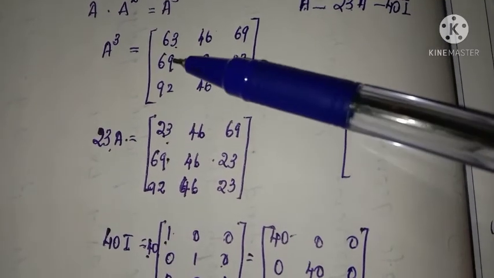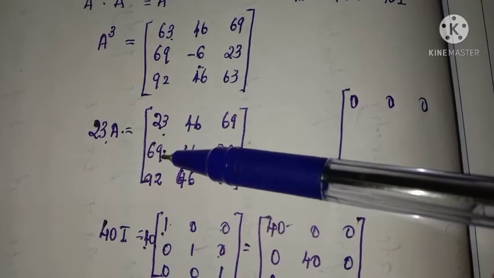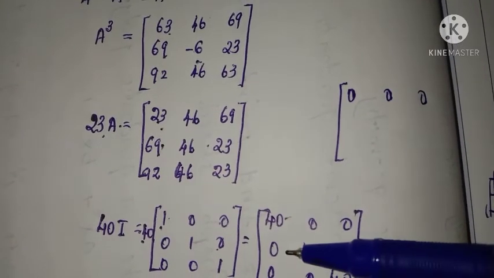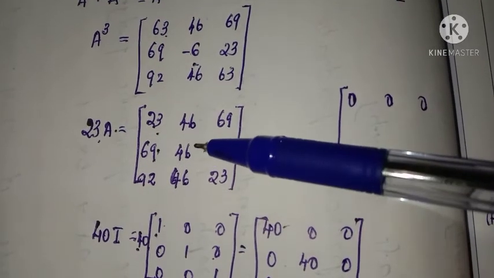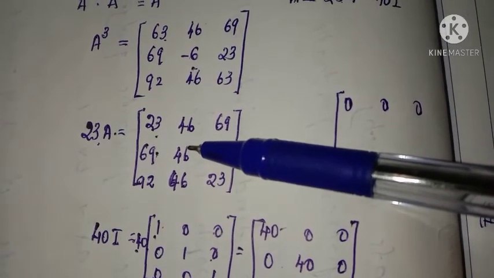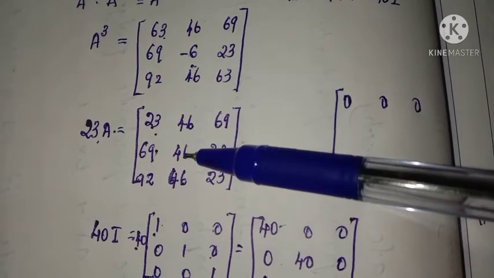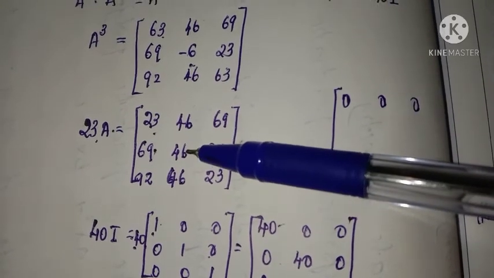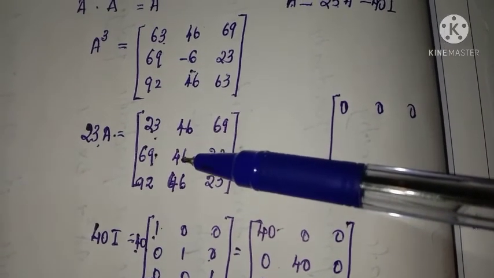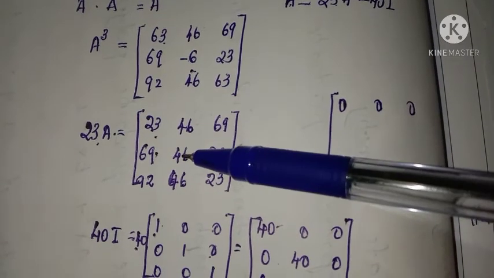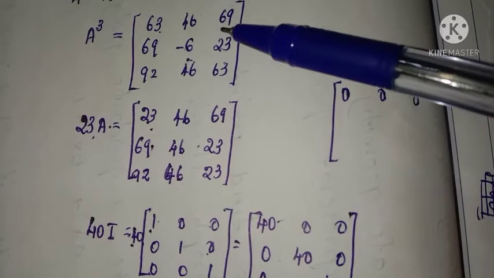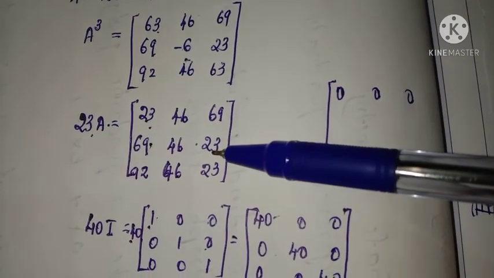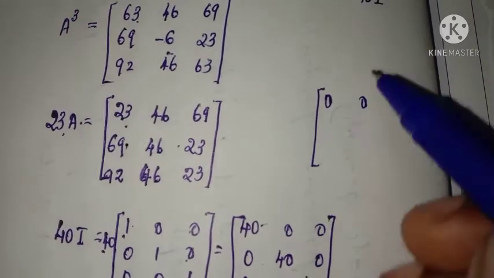Now second row. 69 minus 69, 0. 0 minus 0, 0. Minus 6 minus 46, that is minus 6 minus 46 plus 40, plus 40 minus 40, that is 0. 23 minus 23, 0. 0 minus 0, 0.